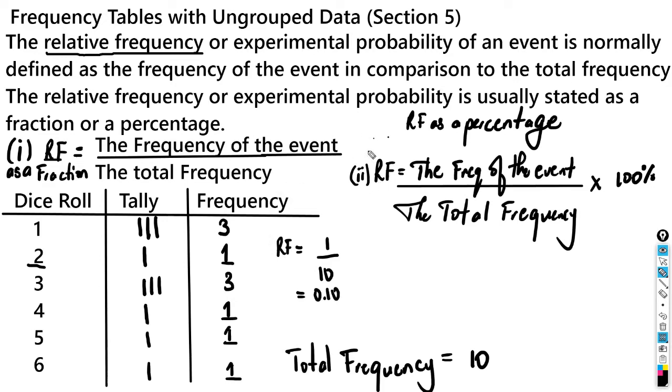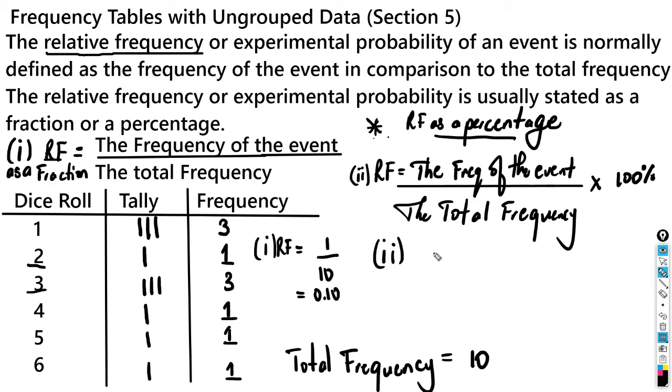And we also have another definition here, which is the relative frequency as a percentage, which is the same thing, the frequency of the event over the total frequency multiplied by 100. So let's say they also give you a second question saying, what is the relative frequency expressed as a percentage of getting a 3 when you roll the dice 10 times in this case?